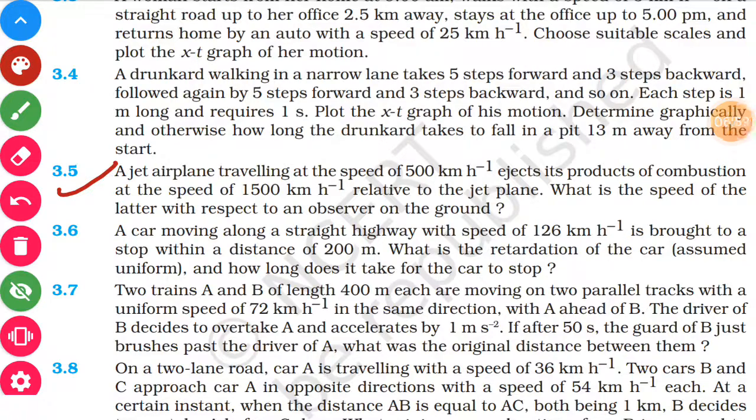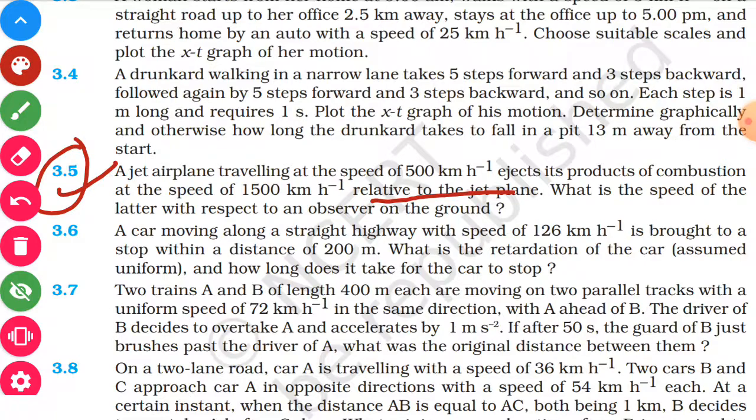Now a similar example is there in your exercise 3.5 numerical. A jet airplane travels at the speed of 500 km per hour and ejects its products of combustion at the speed of 1500 km per hour relative to the jet plane.